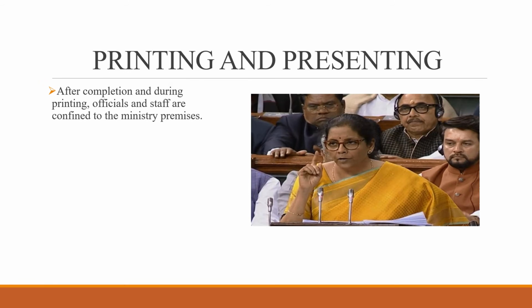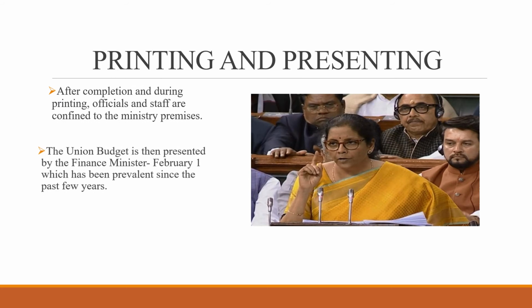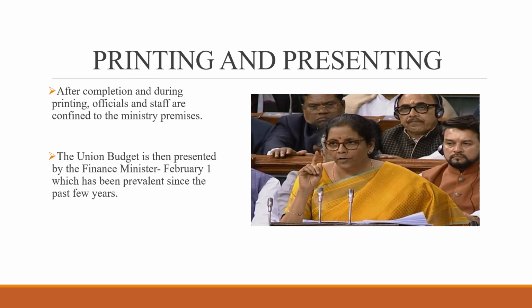Now, after the budget composition is completed and during the printing process, the officials and the staff are confined to the ministry premises. They are confined because they know what will be presented in the budget beforehand, and so as to prevent any leaks to the general public.